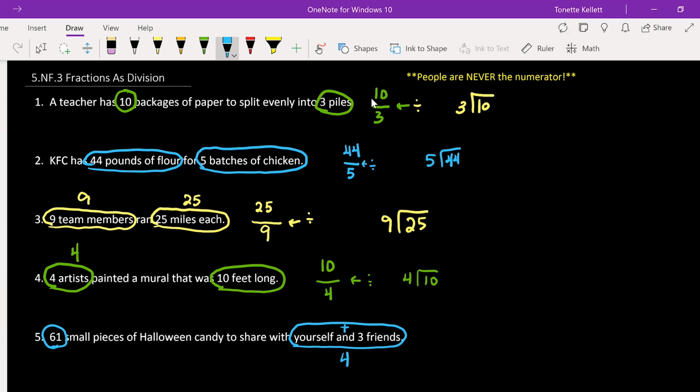Now, 4 people cannot be the numerator because these are people. That has to be the denominator. So you're splitting up, or sharing, dividing up 61 pieces of candy. That would be written like 61 divided by 4.